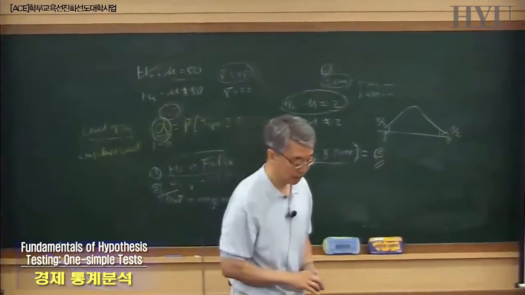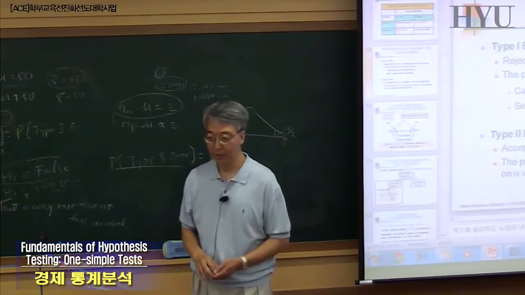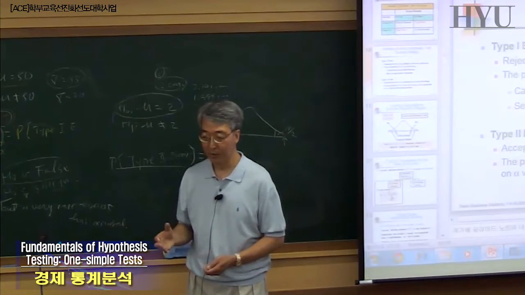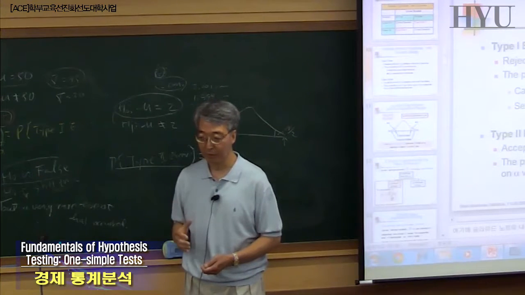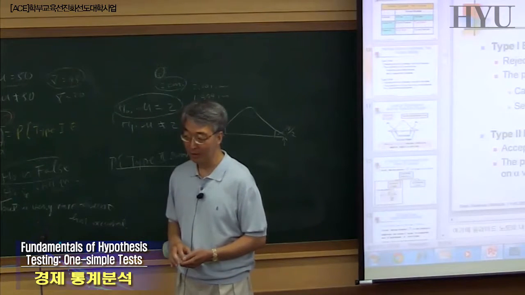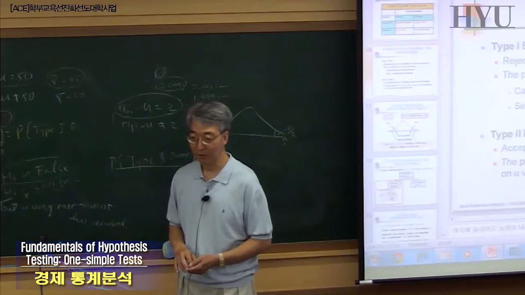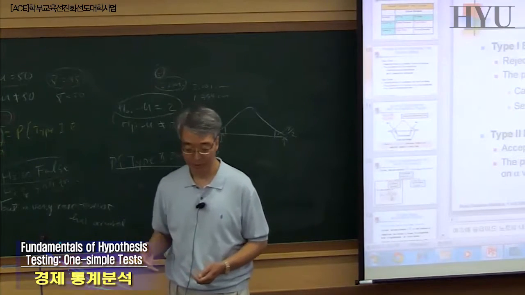That's why we say do not accept the null hypothesis, okay? And just simply say do not reject. If you cannot reject it, instead of accepting it, just say do not reject, right? But in reality, there is no difference. If you do not reject, you have to go on, right?